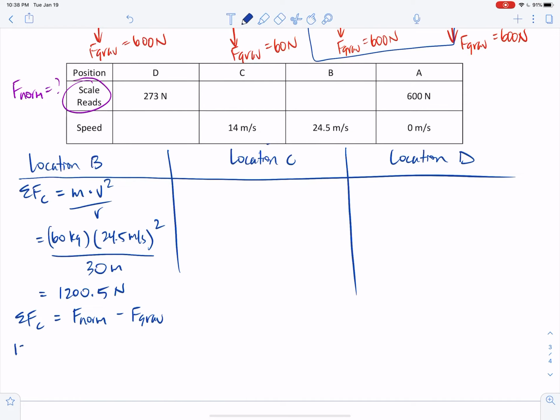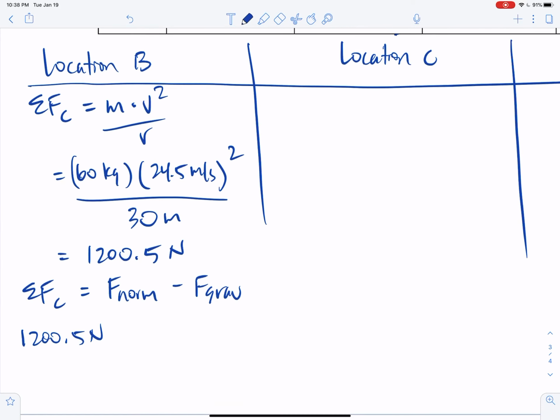I know that this is 1200.5 newtons. The normal force is my unknown. Gravity is 600 newtons. Therefore, the normal force must be 1800.5 newtons.